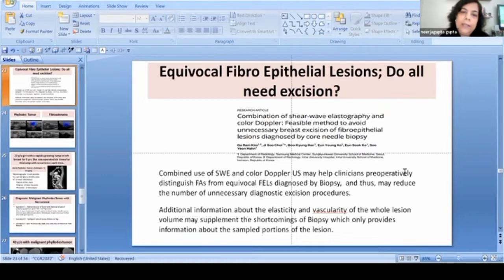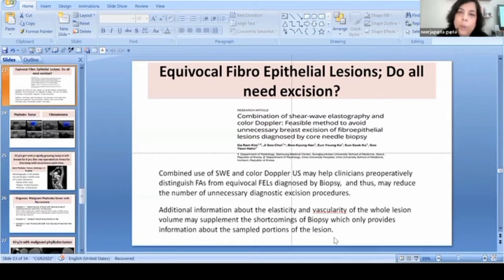So they added shear wave elastography and color Doppler ultrasound to a B-mode ultrasound, and they hypothesized that this addition may preoperatively distinguish fibroadenomas from the equivocal fibroepithelial lesions on biopsy, and then we could possibly reduce the number of unnecessary diagnostic excision procedures. Why this hypothesis?